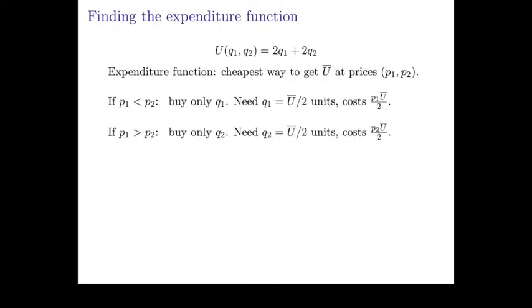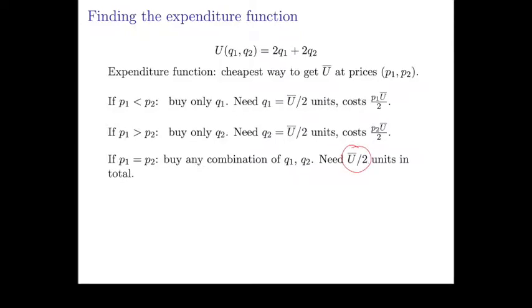And by similar reasoning, you only need u bar over 2 units of good 2, and the cost of that is going to be p2 u bar over 2. If they're equal, then you can buy any combination of goods 1 and 2. Whatever you buy, you need to buy a total of u bar over 2 units of it. And the cost of that is going to be p1 times u bar over 2, which is equal to p2 times u bar over 2 when p1 and p2 are equal.